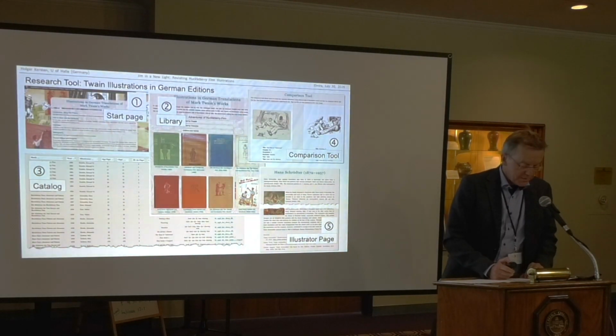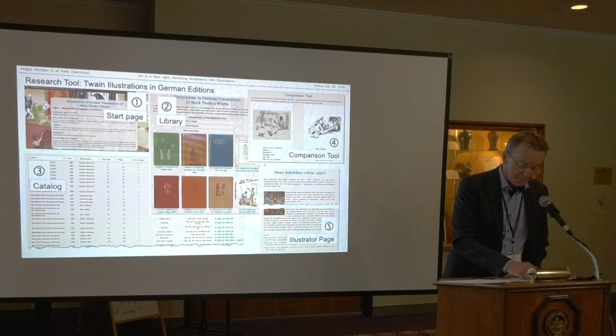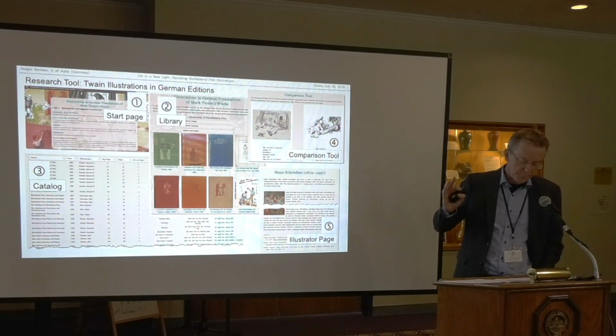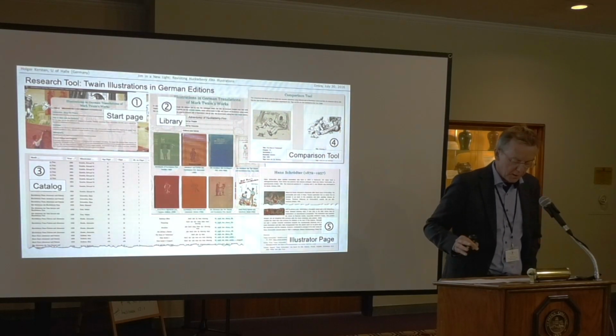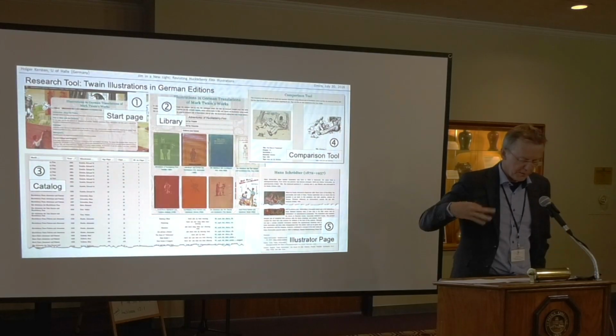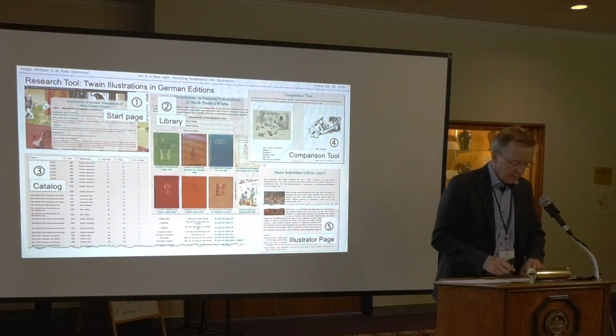To overcome this limitation, one of my students and I have built an online research tool that enables a comprehensive examination of the complete corpus of illustrations in the books under consideration. At this point, the project is devoted to German illustrations of Huckleberry Finn before 1945, and we have included the original as well because it gives us a reference point.